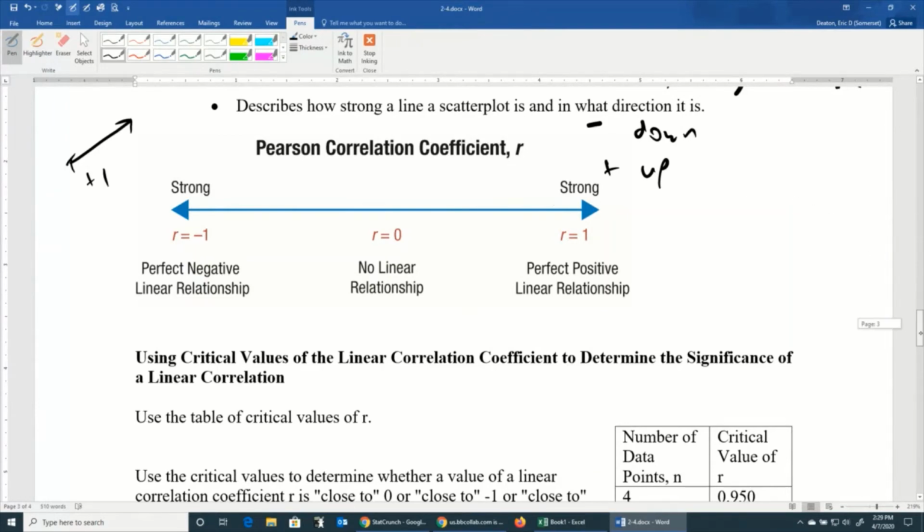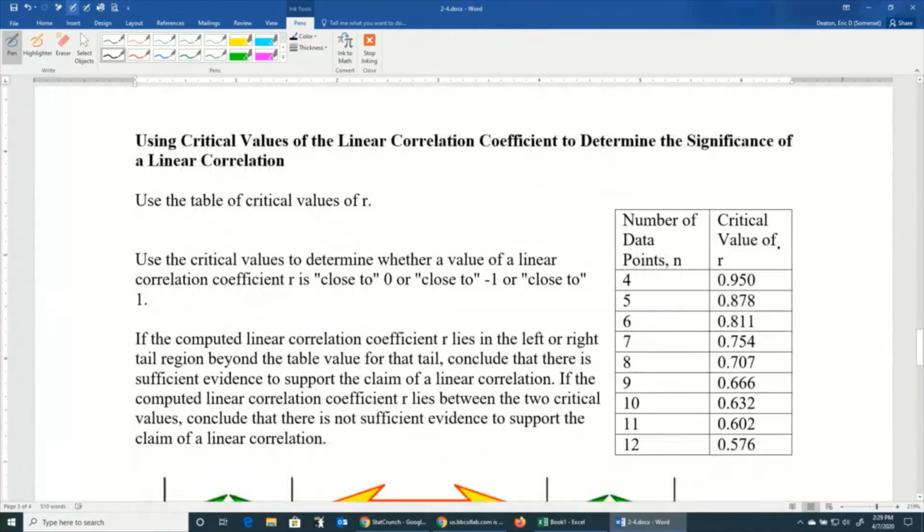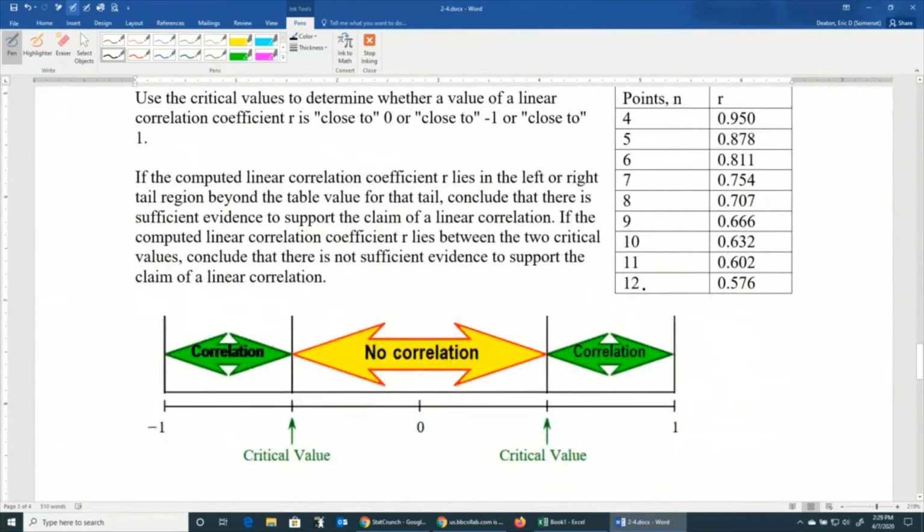One thing we can do is use a table of critical values of r. These are based on, I think, 95% confidence. These are the critical values.